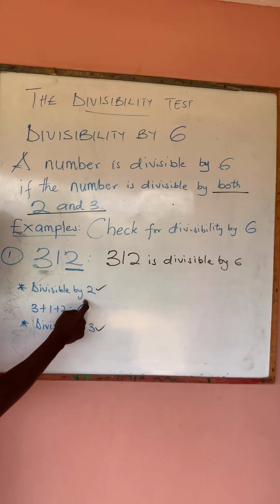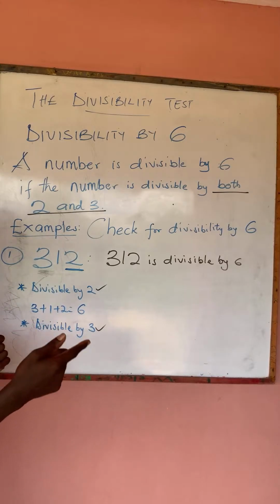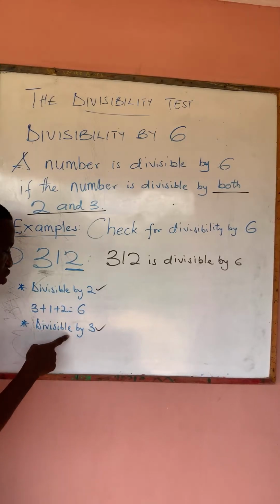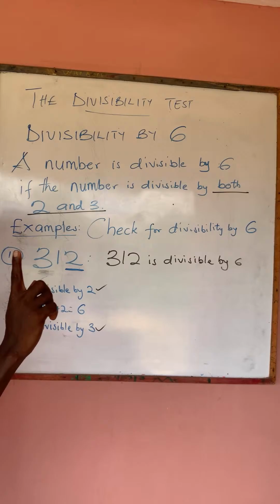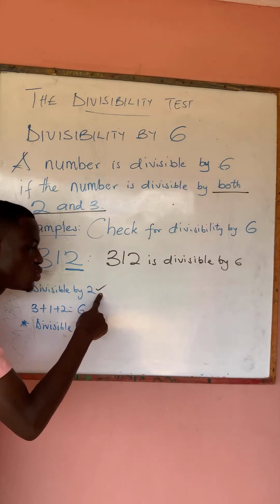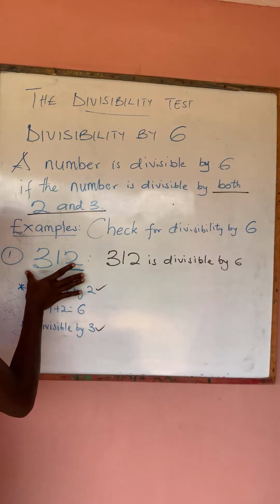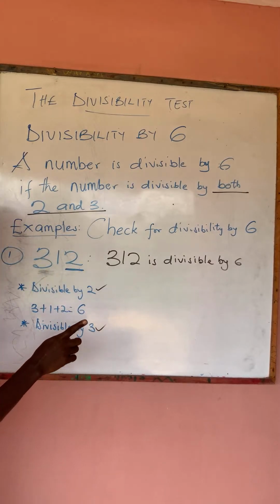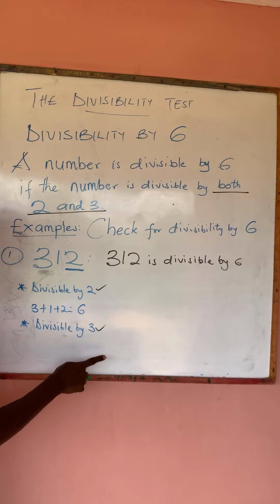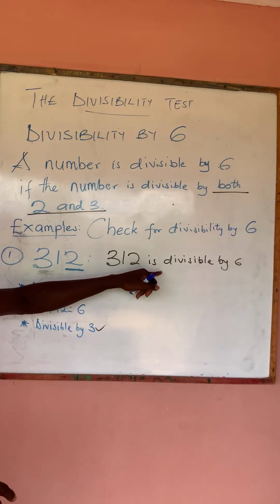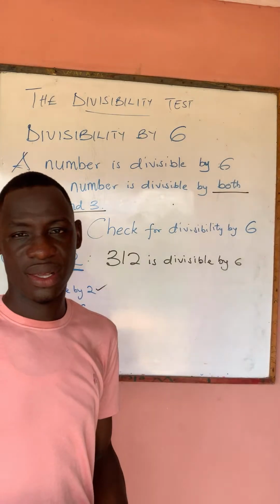Since 6 is divisible by 3, 312 is also divisible by 3. So in the first instance, it is divisible by 2, next, it is divisible by 3. Since 312 is divisible by 2 and 3, we can conclude that 312 is divisible by 6.